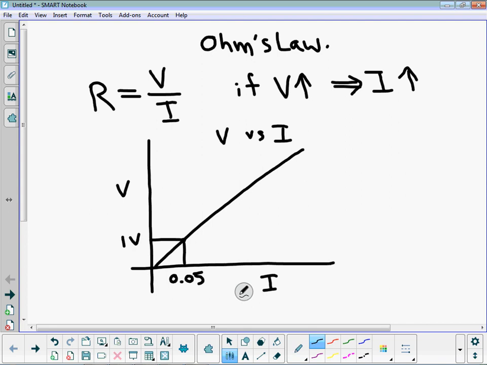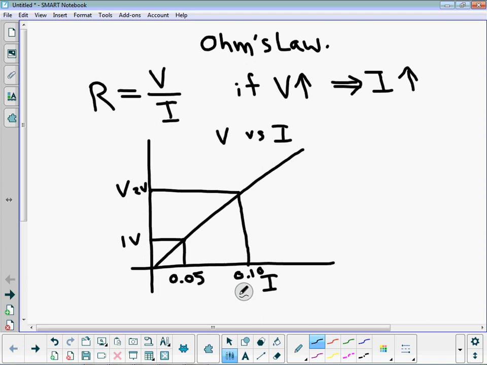And then I added some extra power, and maybe I added a battery, and now I have a voltage of 2 volts. Then that means my current will also double and go up to 0.10. It's doubled.